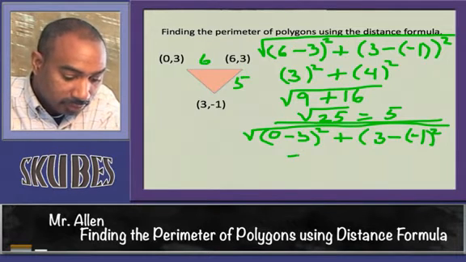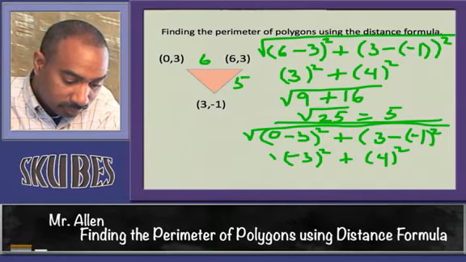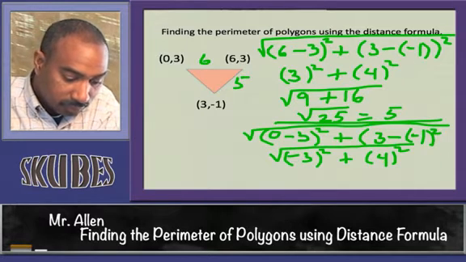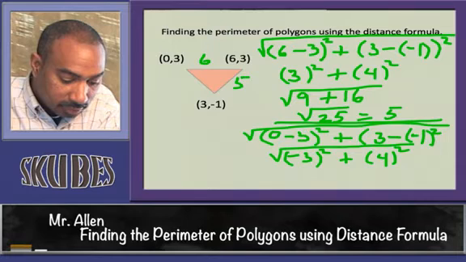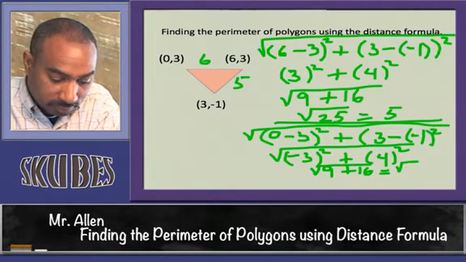So this is negative 3 squared plus 4 squared. That gives us 9 plus 16, and again, you're going to get the square root of 25, which is 5.